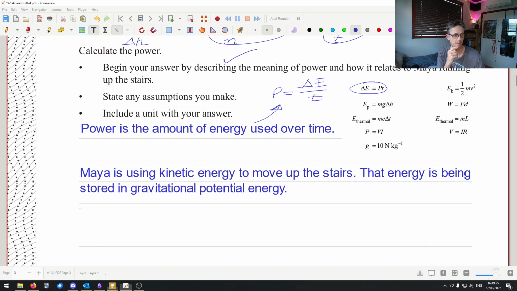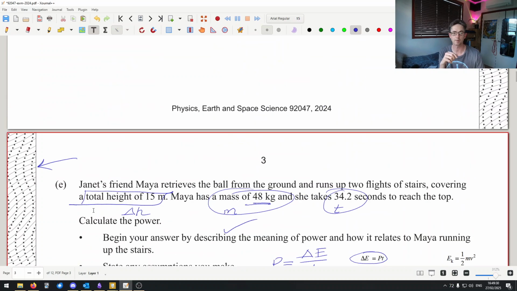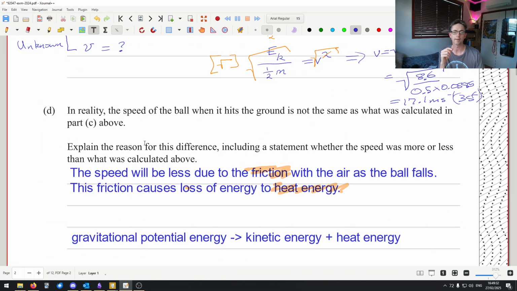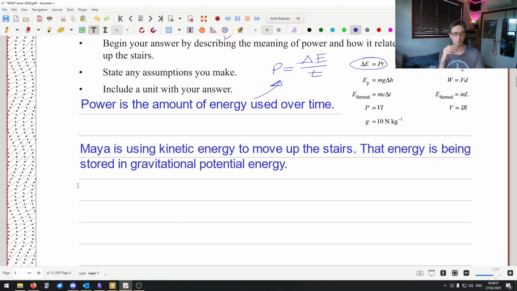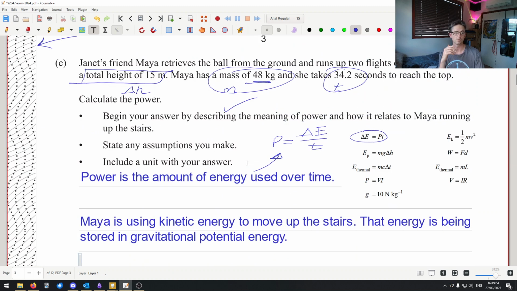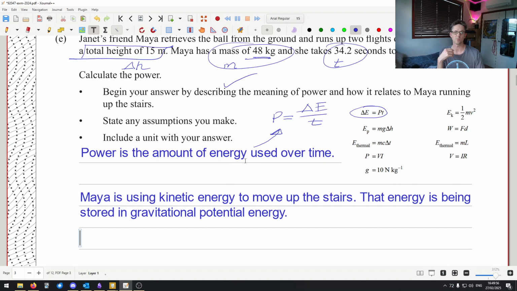Assumptions that we're making. The assumption in this question is the opposite to the one above, where we know that in pretty much every single instance of energy change, there's always going to be loss, and that loss is generally heat energy. 99% of the time, you're losing a little bit of energy to heat energy in some way, and that's usually due to friction. But in this case here, we're going to assume that she's not losing any energy so that we can calculate power, or at least make a good estimation of it.